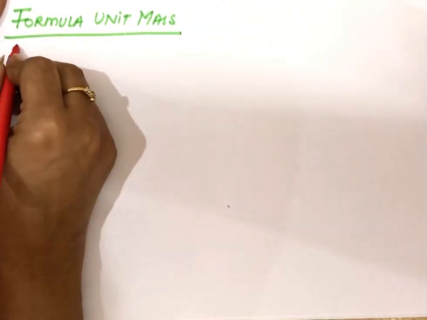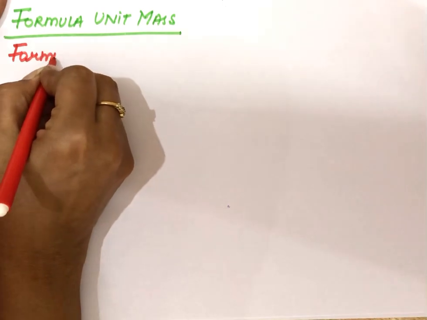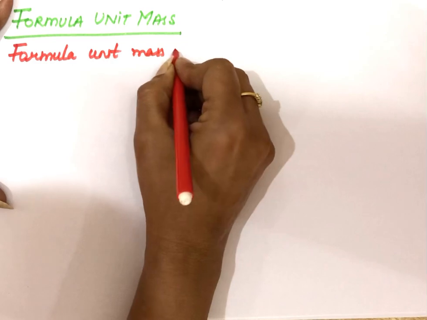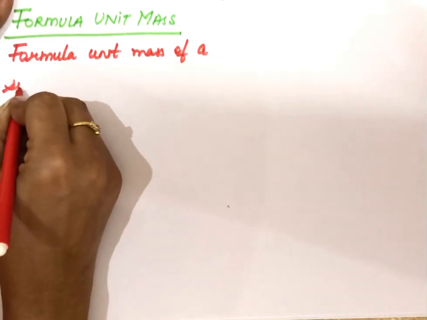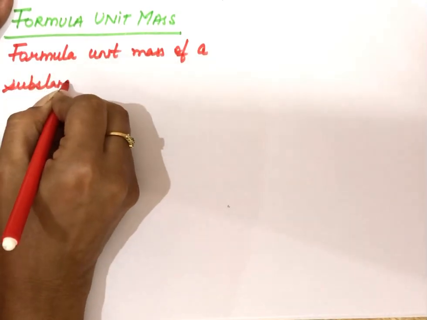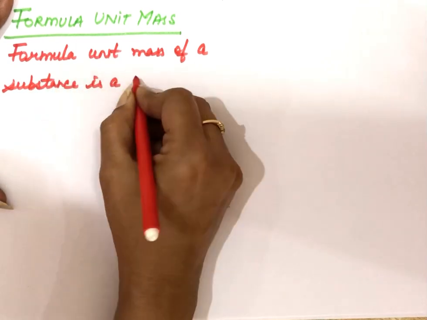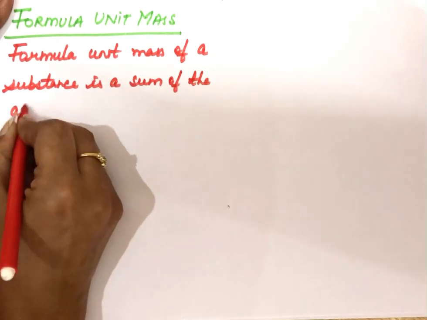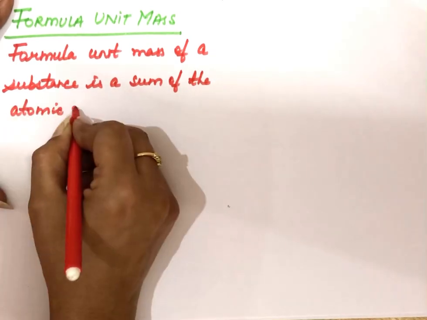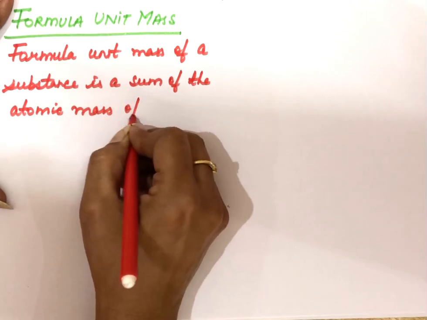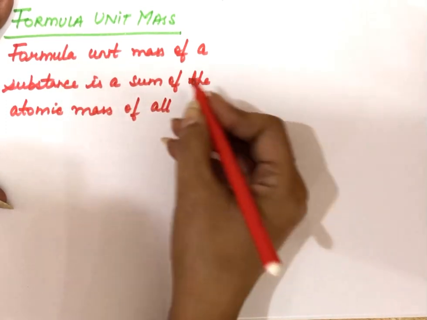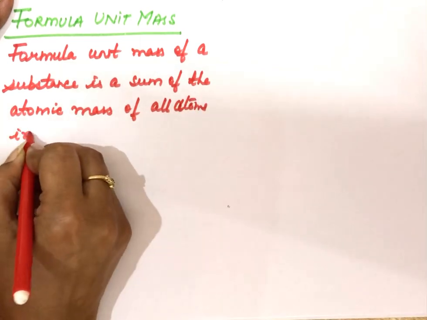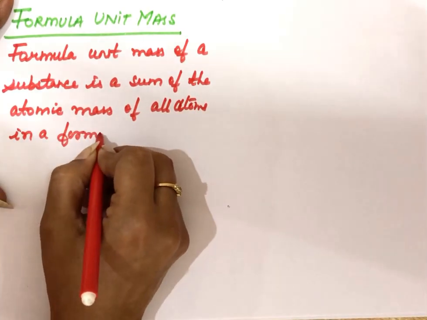Formula unit mass of a substance is the sum of atomic masses of all atoms in a formula unit of compound.